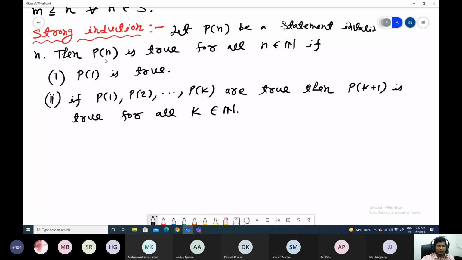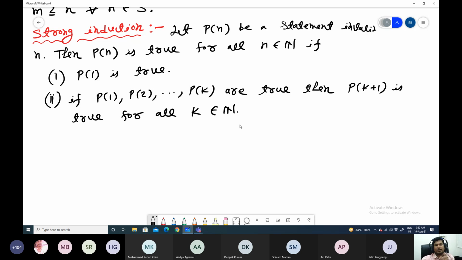Though the result is a little bit weaker than mathematical induction, because here we need a stronger hypothesis, why is it still called strong induction? Because it is more useful. For example, if you want to solve some problem, that problem might be solved by using strong induction but not by using mathematical induction.